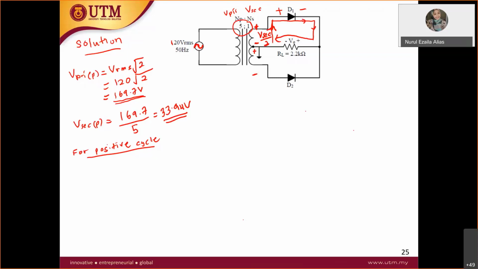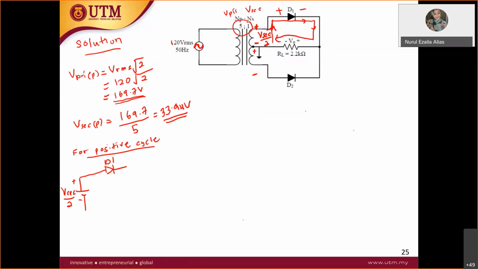From here, I want to draw again so that you can see what happened. If I draw the circuit again, you will get plus, minus. If you don't want to draw again, it doesn't matter. You can straight away write V secondary over 2, then plus V secondary with D1.